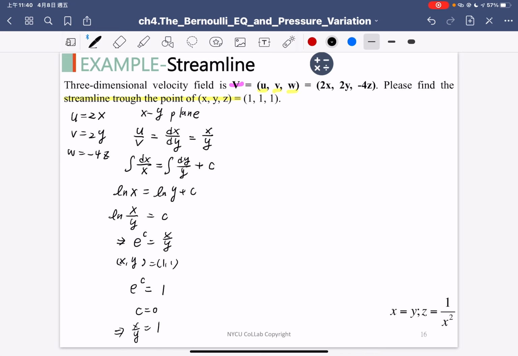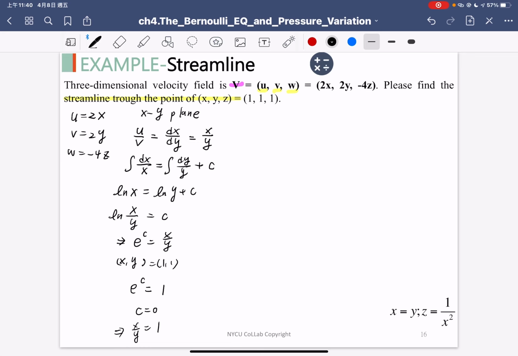So actually, x divided by y is our stream function on the xy plane, the 2D plane. And we didn't know the constant, but because we have the boundary condition, we know that the straight line should pass through the point 1, 1, so I can resolve the constant c as 0.